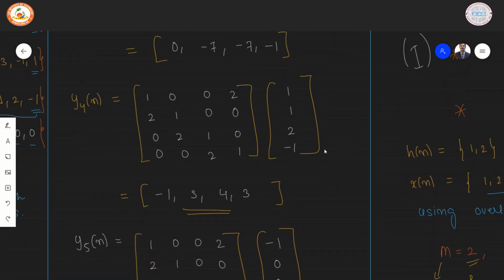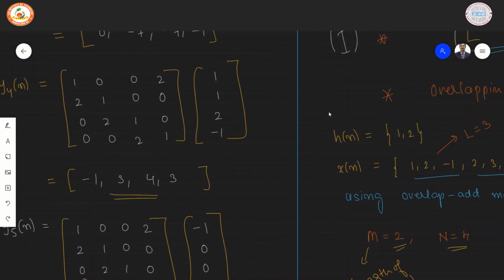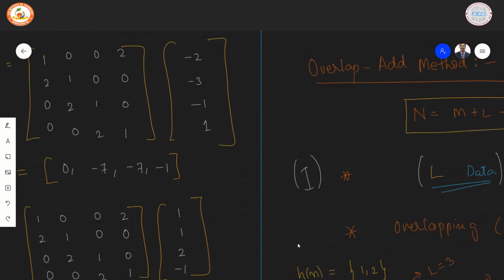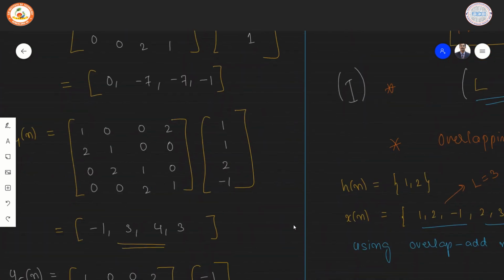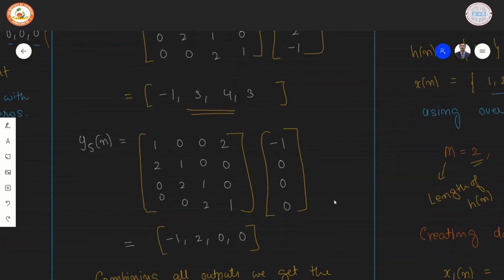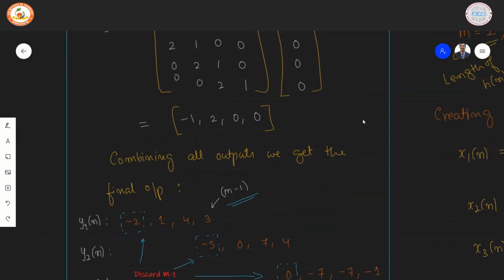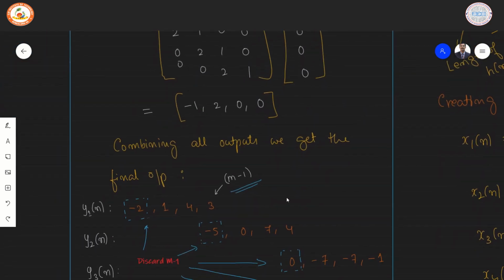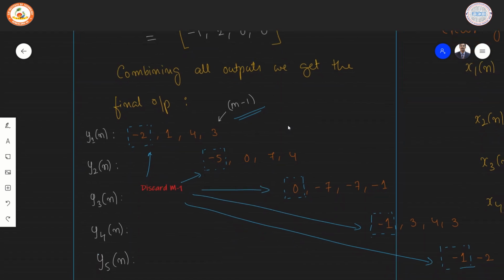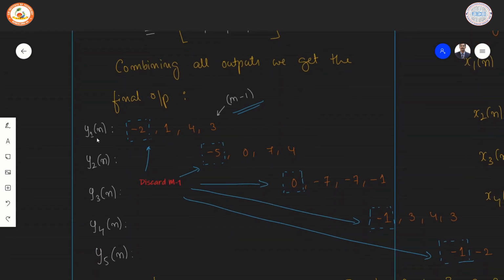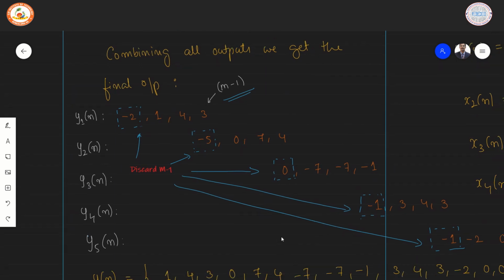Once the final output is obtained, now we have to combine the results. In order to combine the answer, we can align the data in the fashion as shown. So we are writing out the outputs of y1 of n, y2 of n, y3 of n, and so on till the very last block.